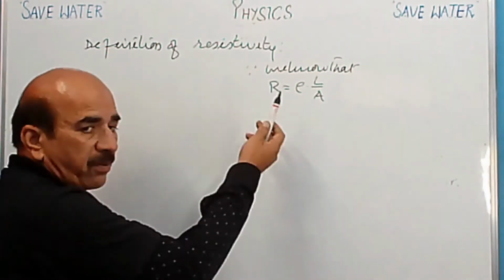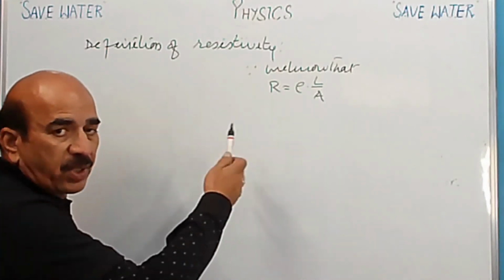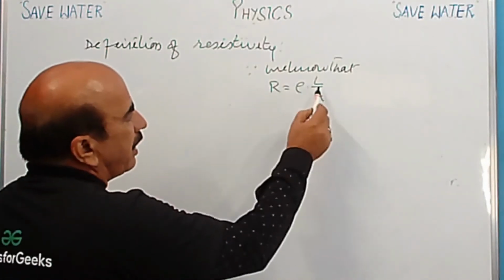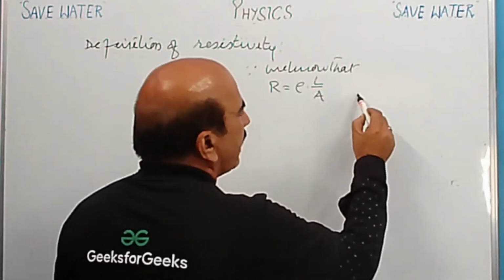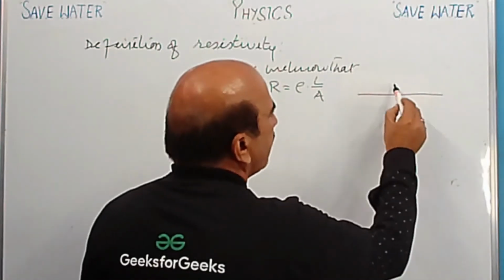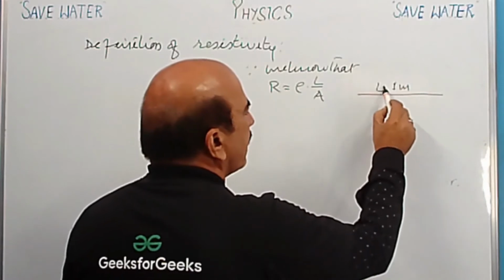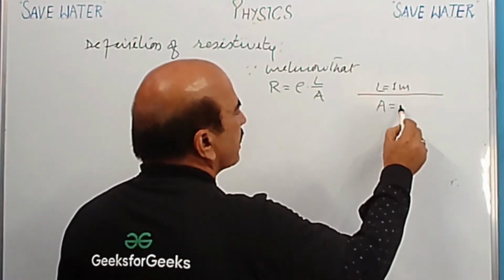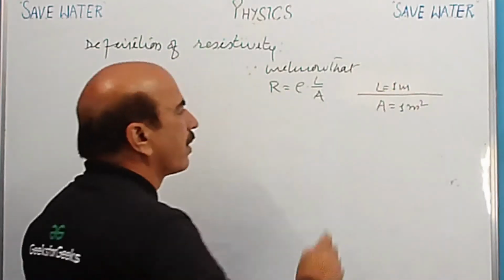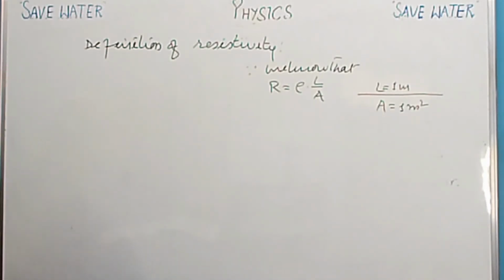It's very simple, no need to cram it. If we take a conductor whose length is 1 meter and whose area of cross section is 1 meter square.